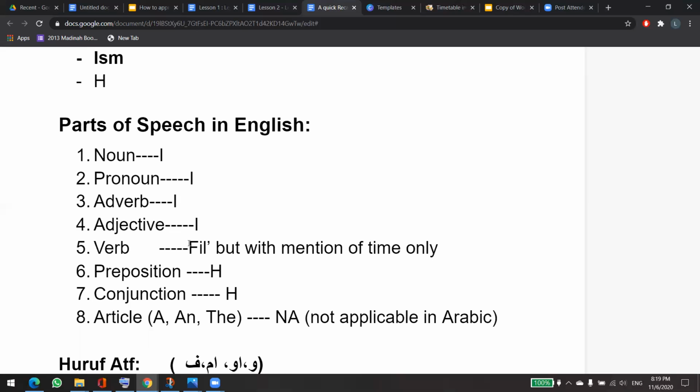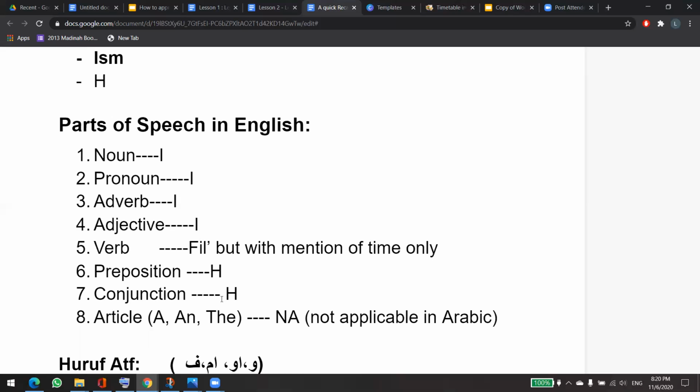And verb, simply if we see an action word somewhere, we cannot say that it's a fail until there is a mention of time. And for preposition, yes, that's a harf. Prepositions and conjunctions are also harf, right? So far we learned that prepositions and conjunctions are harf.